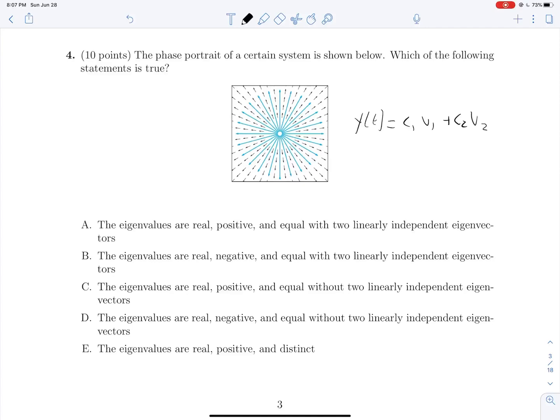Well, that means that you can get to any point in 2D space using both of these vectors, and that means that they are linearly independent. If they weren't, they would not span all of R2, and we wouldn't be able to get this kind of behavior that we see, with vectors that can produce any angle that we want out of the whole 360 degrees.